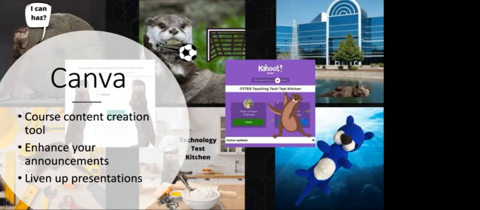Canva does that so easily now. It's so amazing. I did that in particular, the bottom right image here with the crocheted otter. That was actually taken on a pillow, and so it just cut out the pillow from behind the otter, and then I was able to superimpose us with that.